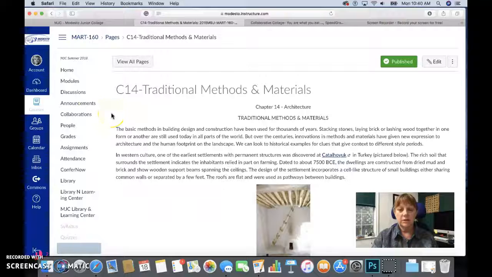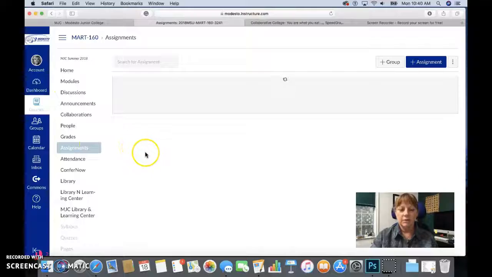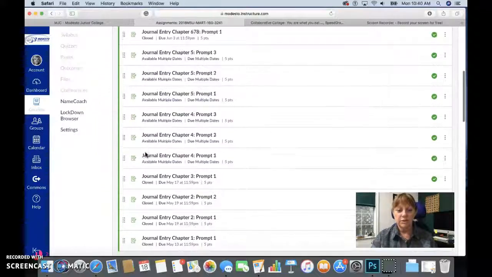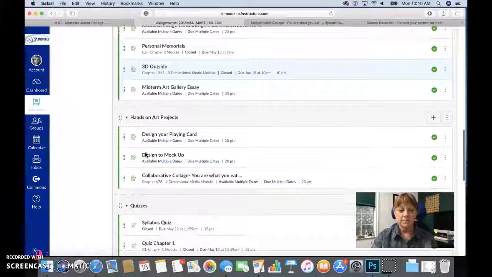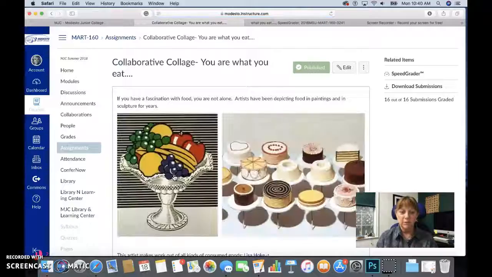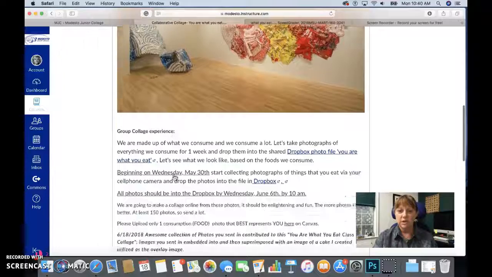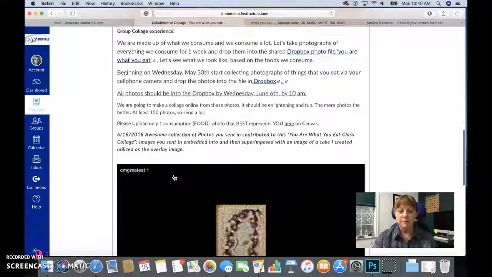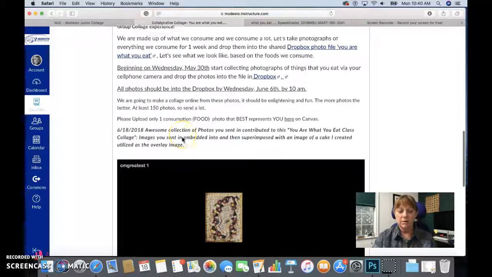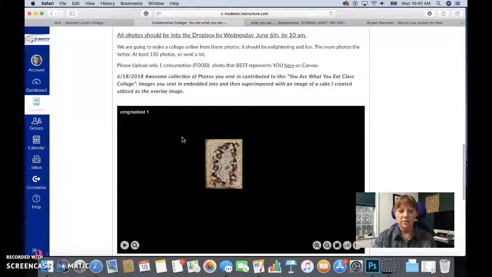A couple things just to go back and look at, assignments. So the collaborative collage, I finished that for you guys, and I want to say thank you to all of you who contributed to that. It was super fun, and I used one of my images as the base image, and then loaded all your information in, and we created this.